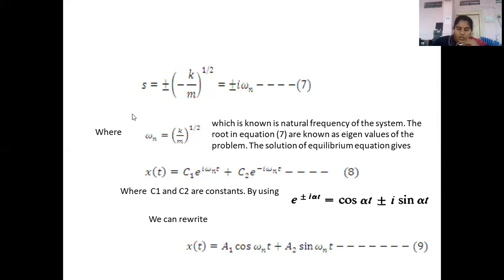We can rewrite equation number 8: e raised to plus or minus i alpha t is equal to cos alpha t plus i sin alpha t.